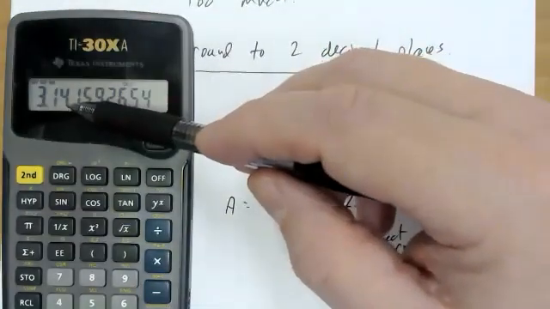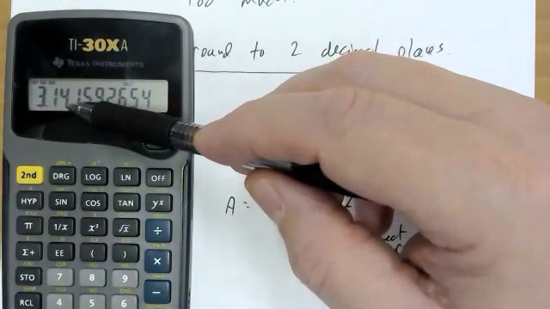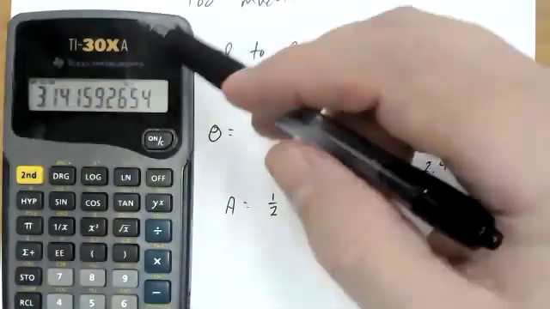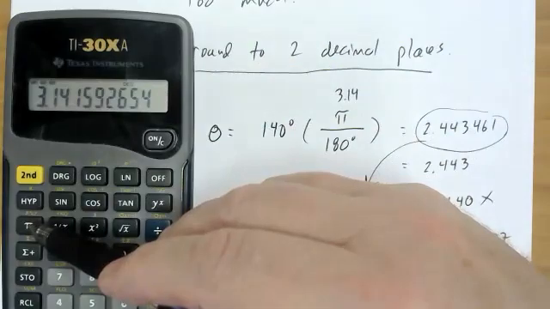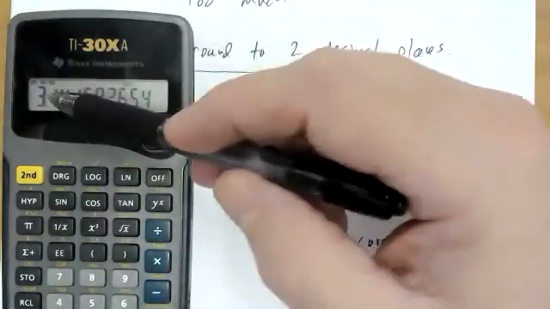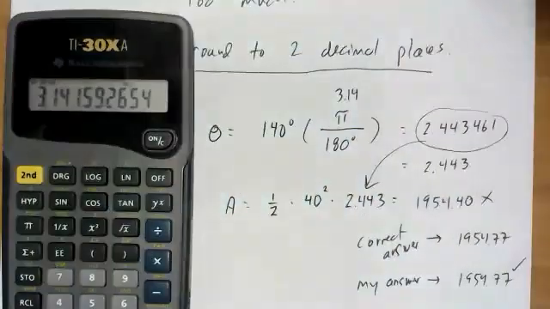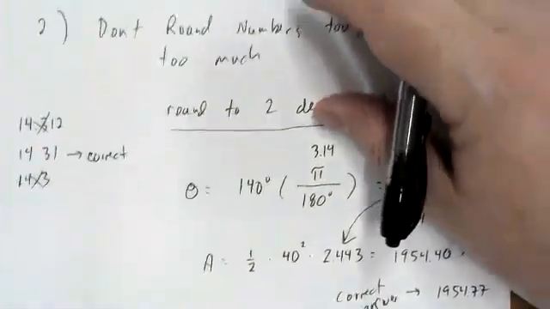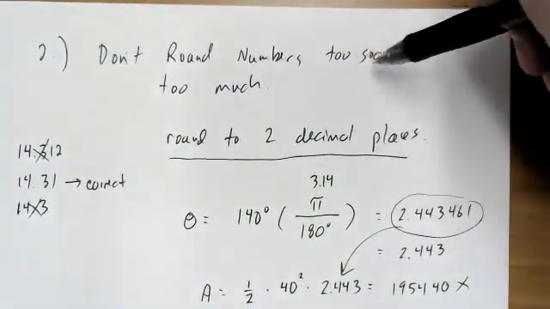Never do a problem where you just enter 3.14 for pi. It'll probably be wrong. So if you have a pi key on your calculator, always use the pi key. For some reason, if you don't have a pi key, then you got to use maybe 6 digits to make sure it's correct. So once again, this comes under the category, don't round numbers too soon.